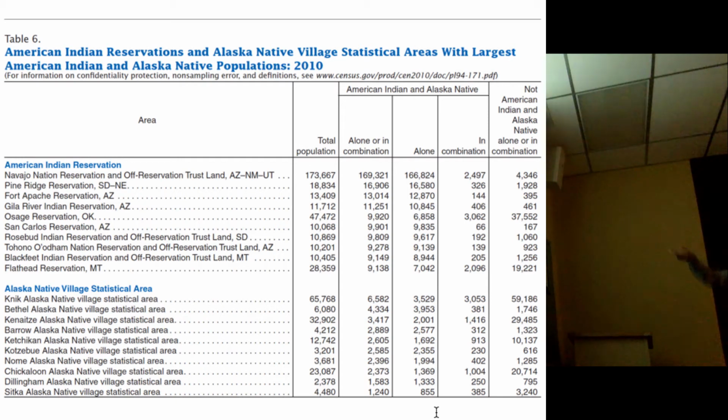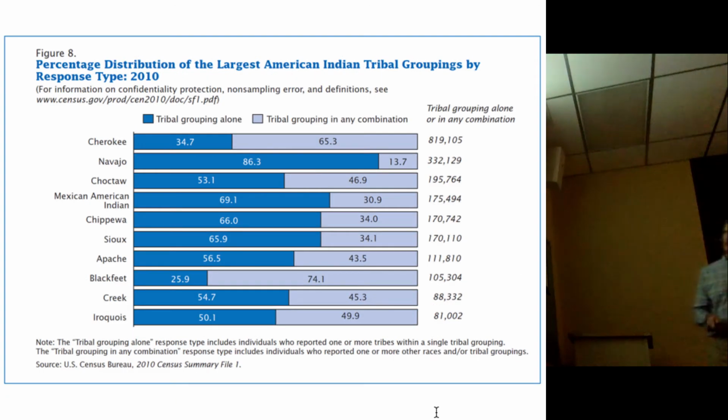The Pine Ridge we talked about a little bit earlier. Ones around Phoenix, and then we have Osage County. A lot of those people are living in suburban Tulsa in Osage County. Most reservations have relatively small populations, and we don't even see them that well on the map.